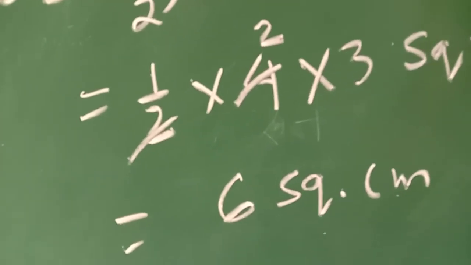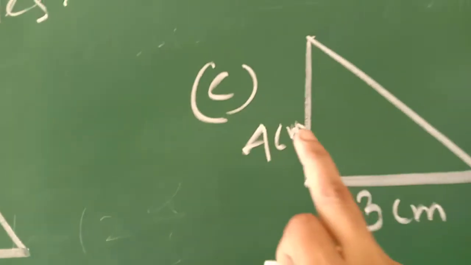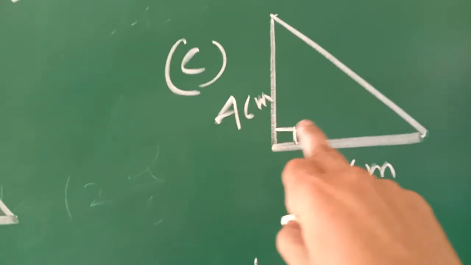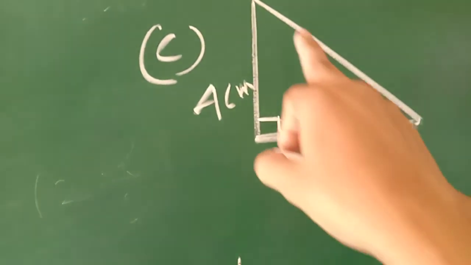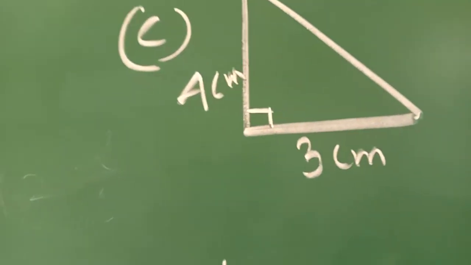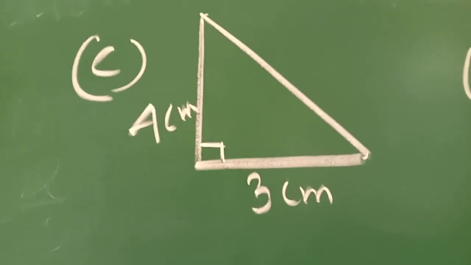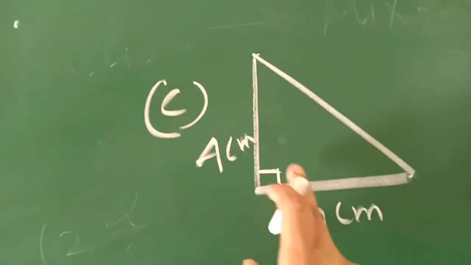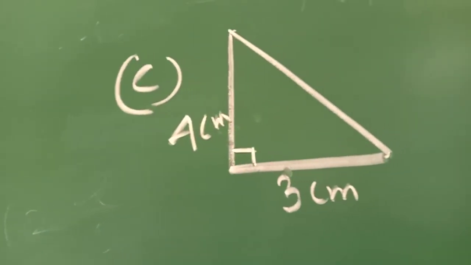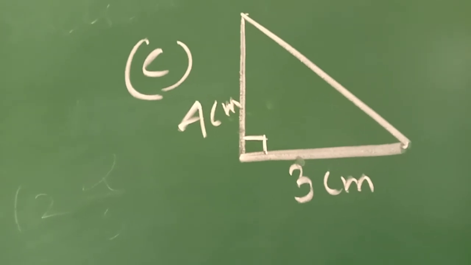Understood? Next sum. Look at the figure of the given triangle: 4 centimeter and 3 centimeter. The two adjacent sides are perpendicular to each other. That means it is a right triangle. When it is a right triangle, no need to find out which one is height and which one is base.